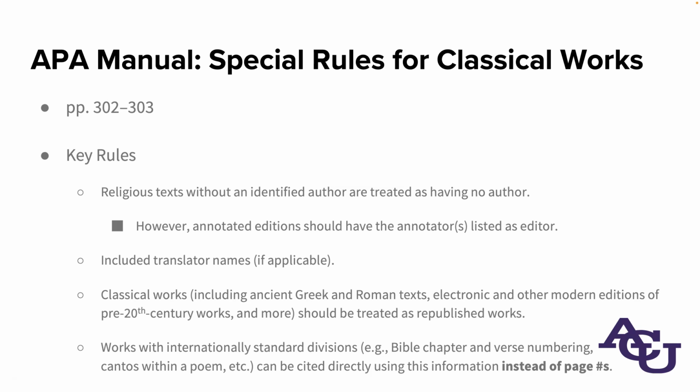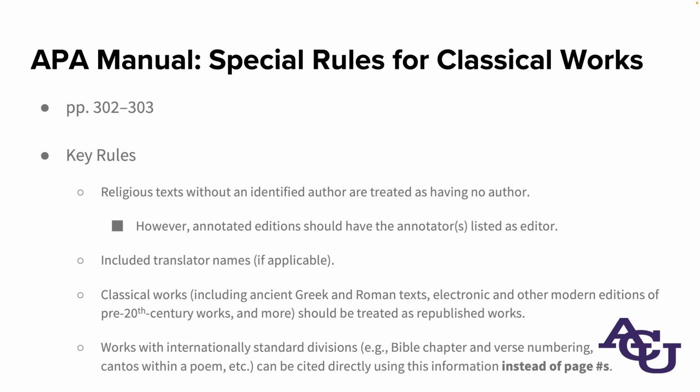Many works from before the 20th century have now been used and reused in such a fashion that we understand this is what the text is. And because of this, they may appear in print in many forms, and we consider those to be republications of the original.